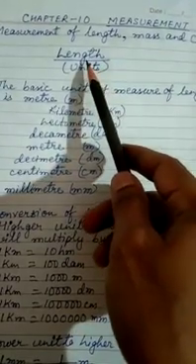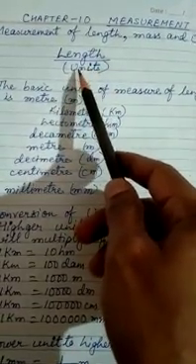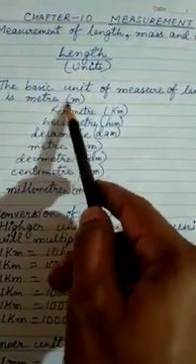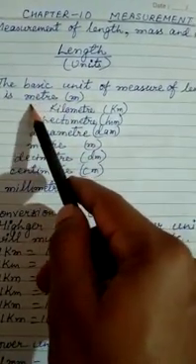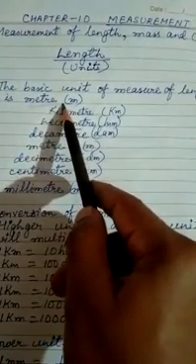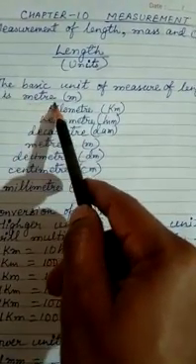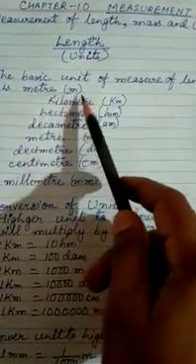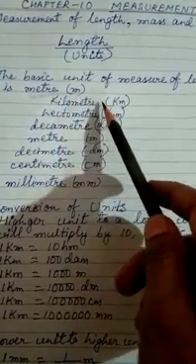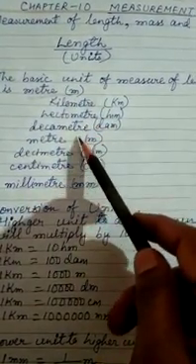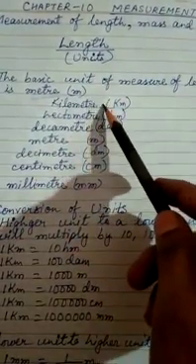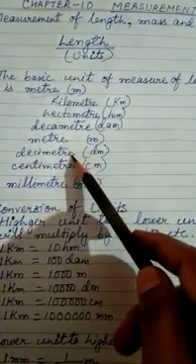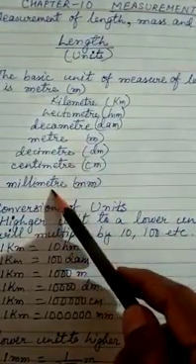As we know, the basic unit to measure length is meter, or generally you must have heard this unit of measuring length mostly, that is meter. So the basic unit of measure of length is meter. Other than meter, there are various other units, like kilometer, hectometer, decameter, meter, decimeter, centimeter, millimeter.